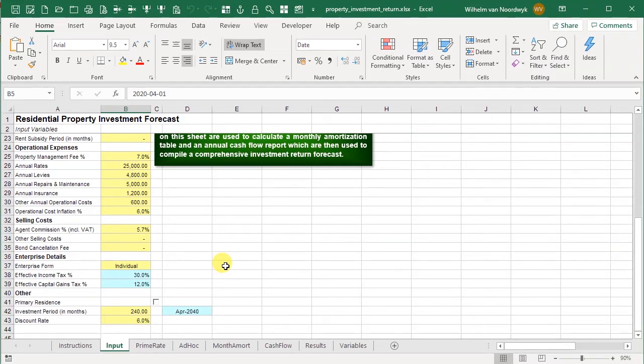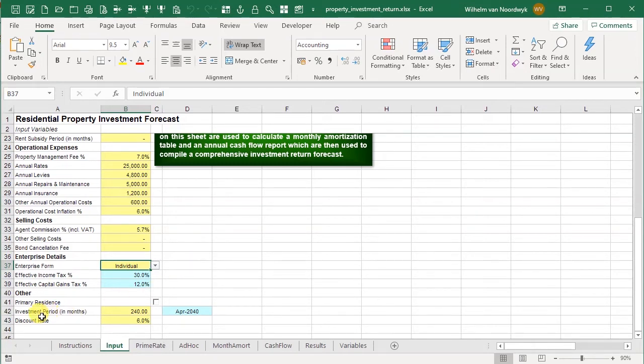The second last section is for the enterprise details, where you can select the entity form: individual or corporate, or a close corporation or trust. The effective income tax rate and the effective capital gains tax rate come from the variable sheet.